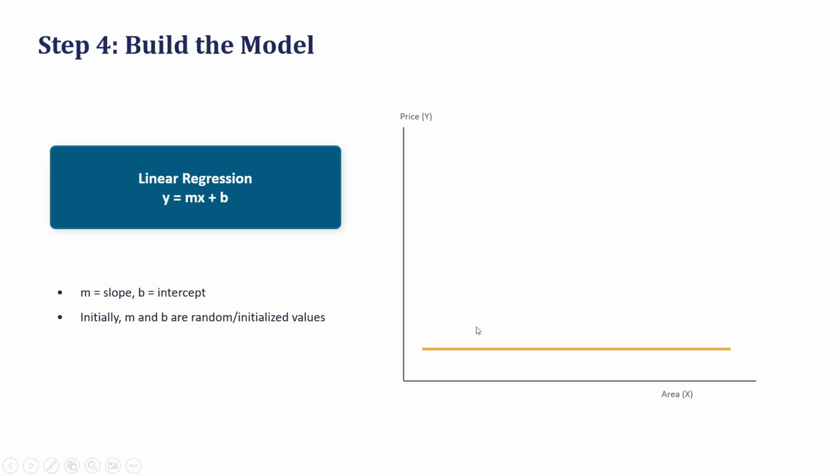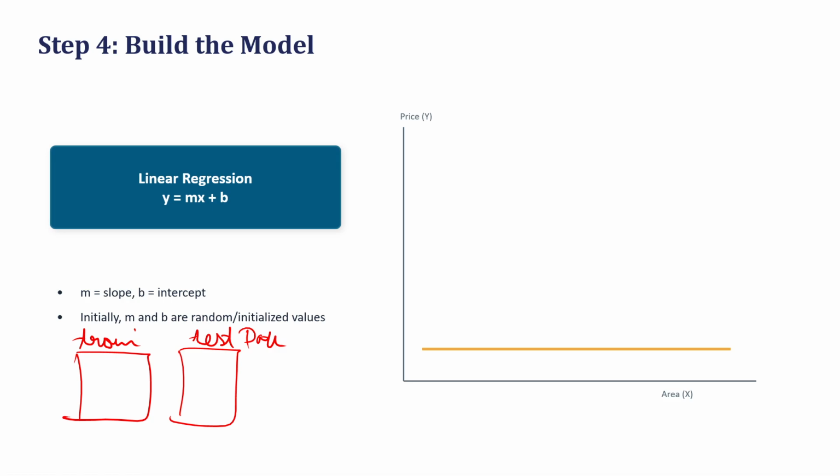Now you build the model. You have training data and you have separate test data. The test data you keep aside for now. With the training data, you assume what kind of model this data can fit into. So let's say you have house price prediction, where the input is the area of a house and the output is the price.